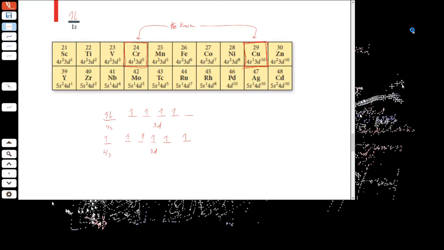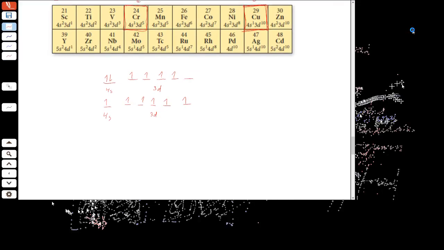All right. So the last thing we're going to look at with electron configurations is ions. What happens when we add or remove electrons to these elements? What happens to their electron configurations? Right, so some of it is very straightforward and obvious.